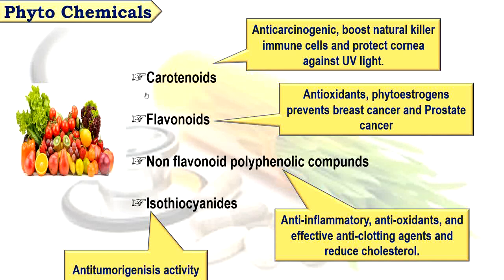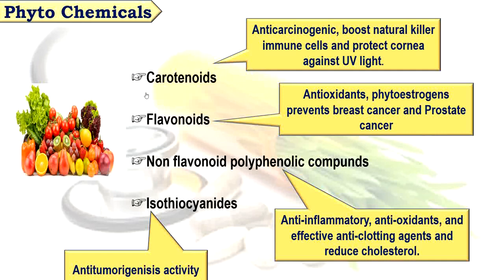When you take flavonoids, it is an antioxidant and it is a phytoestrogen, so it prevents breast cancer and prostate cancer. When you take non-flavonoid polyphenolic compounds, it acts as an antioxidant and it is an anti-inflammatory agent and it is very effective in clotting blood and it reduces cholesterol.